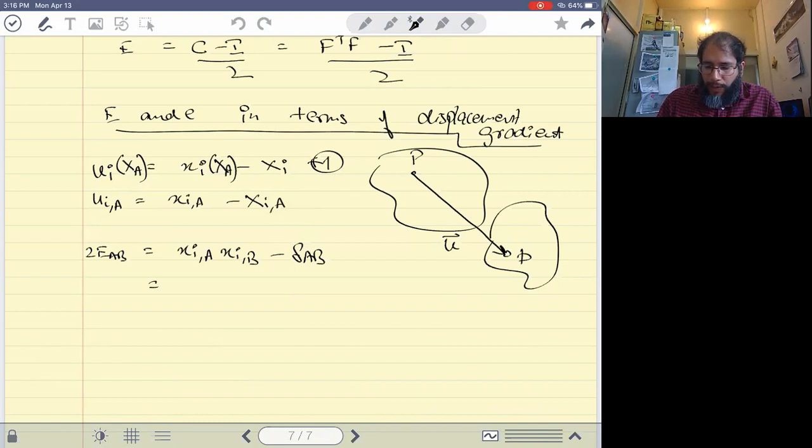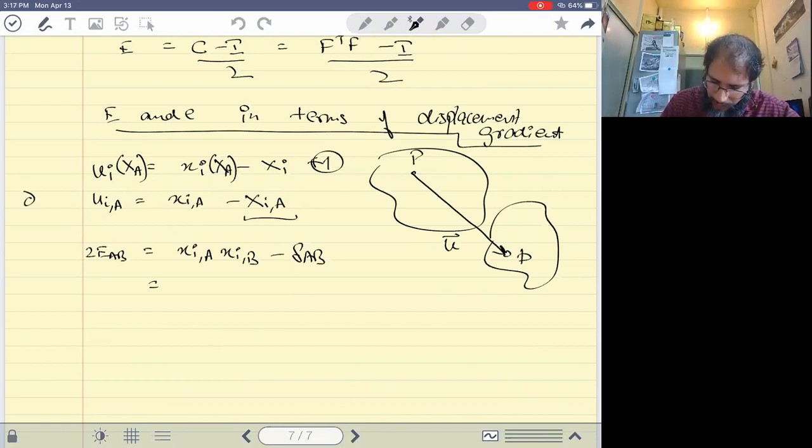Now everything is differentiated with respect to capital X A, and that's the reason we used capital indices for the capital letters, so that it is clear that the differentiation is with respect to capital X.